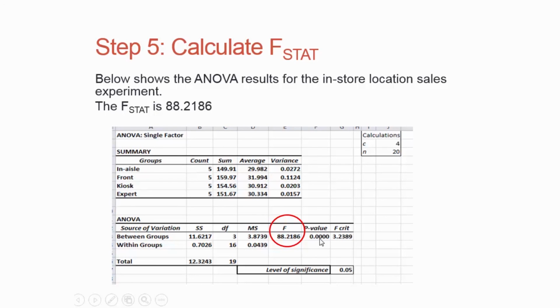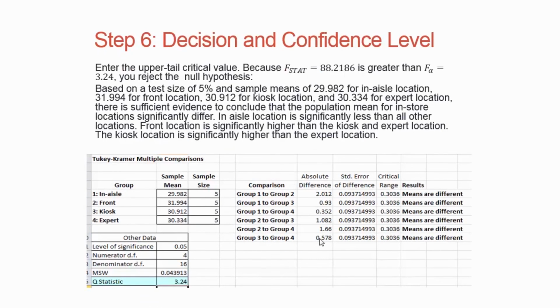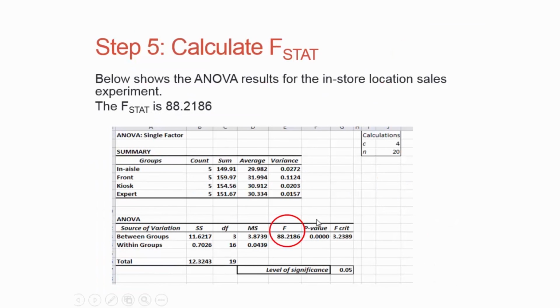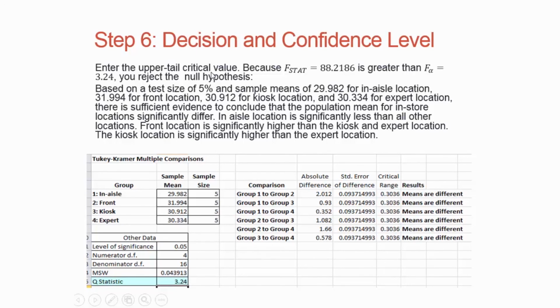So that means we're going to be highly confident that it does appear that there is something different going on here. In other words, all the means are not the same. It does seem to matter where we put our displays. Compare to the upper tail critical value: 88.2122 is greater than 3.24, so we're going to reject the null.